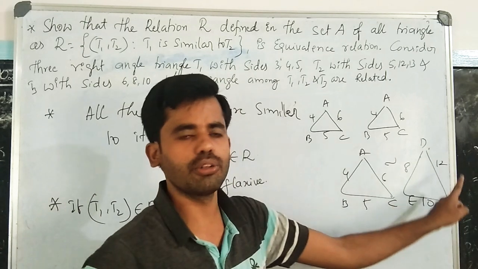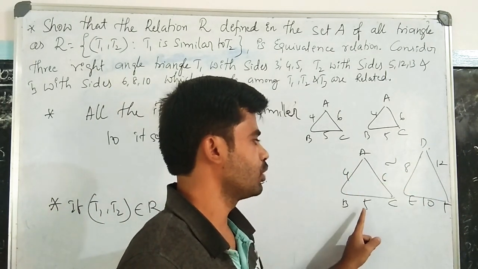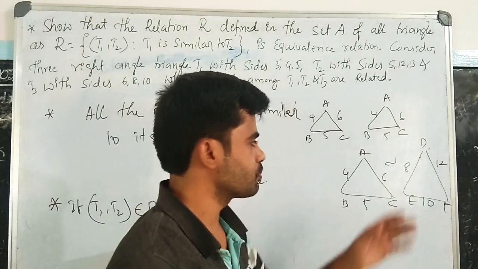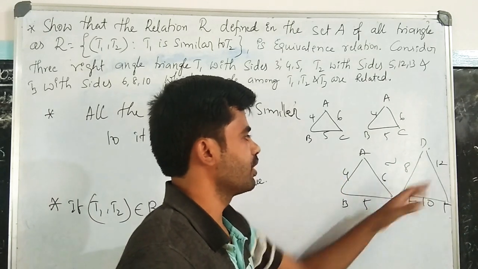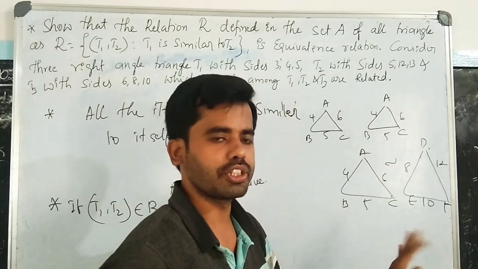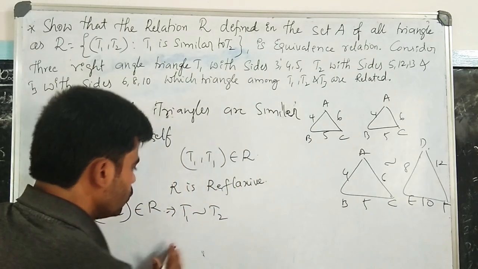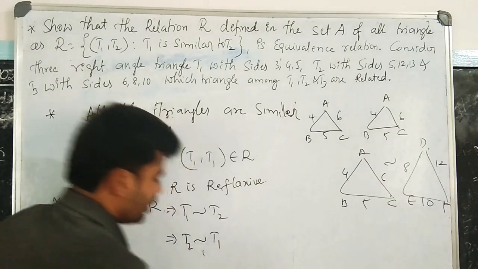ABC is similar to DEF because corresponding sides are proportional: 4 by 8 is 1 by 2, 5 by 10, 6 by 12. Now I will take the reverse of the corresponding sides: 8 by 4 is 2, 10 by 5 is 2. Then the corresponding sides are proportional. If you take the reverse also, then what can we conclude? T2 is also similar to T1.